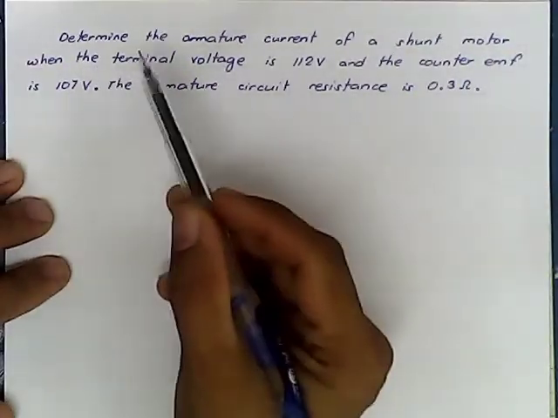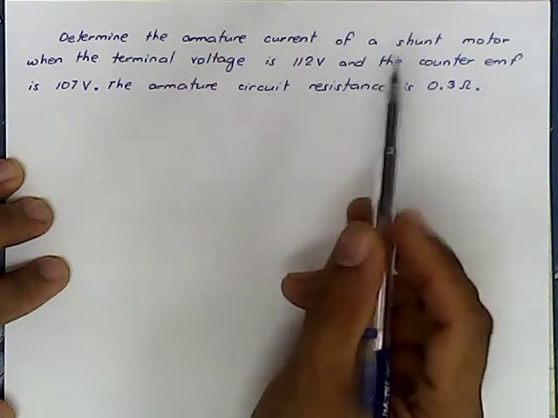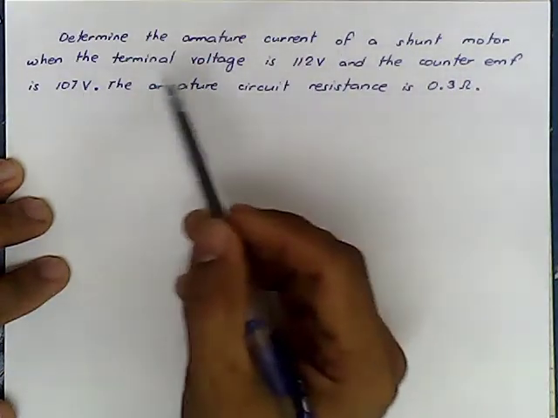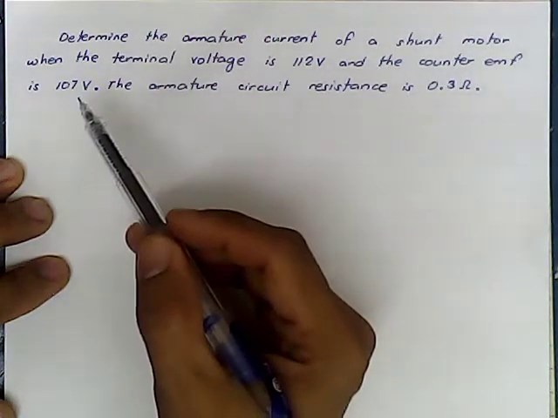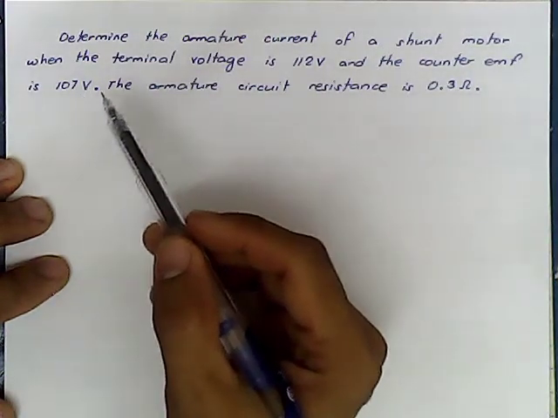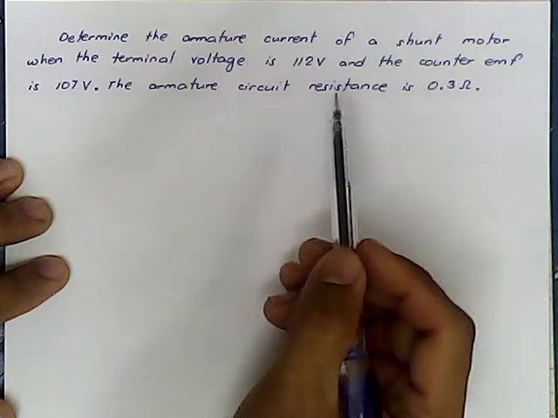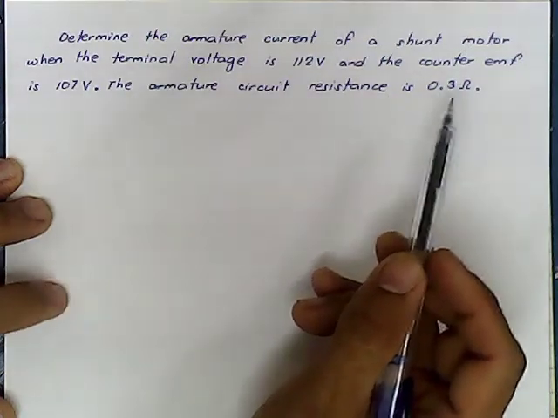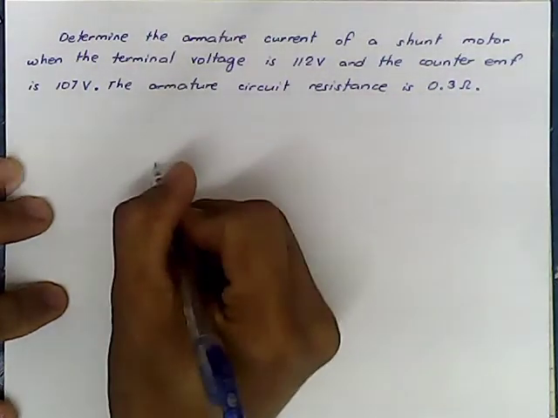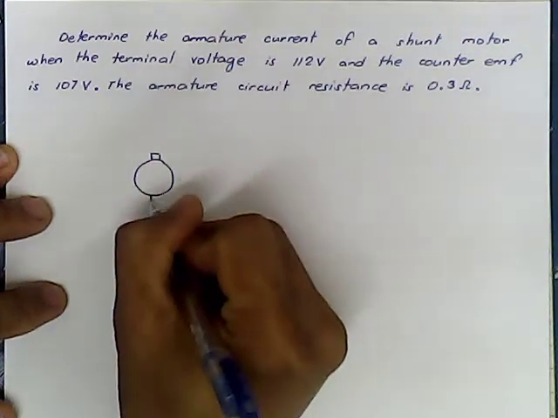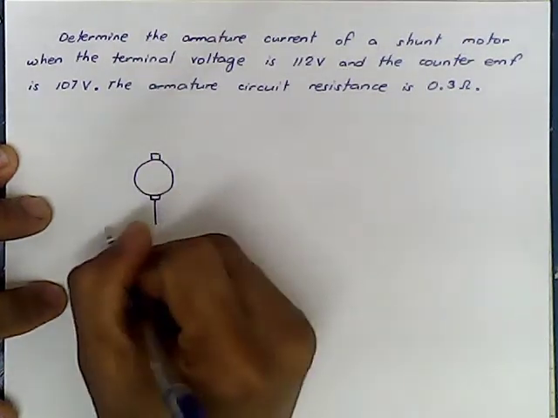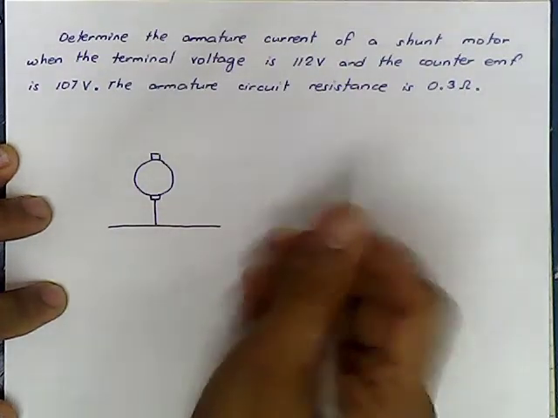Okay, so determine the armature current of a shunt motor when the terminal voltage is 112 volts and the counter EMF is 107 volts. The armature circuit resistance is 0.3 ohm. Again, let's draw our circuit, which is still a shunt motor.